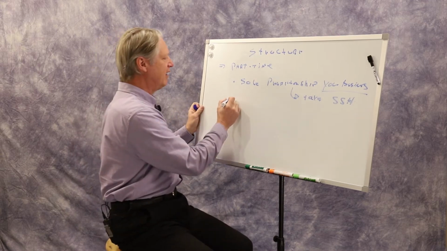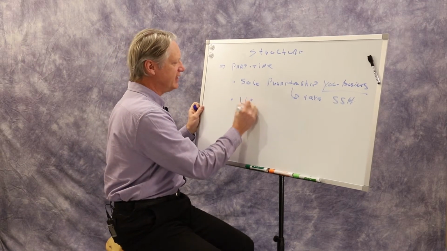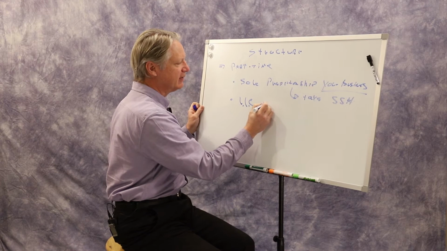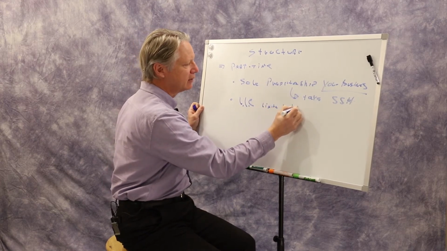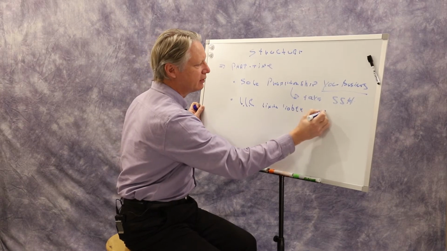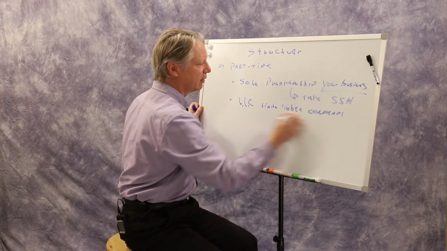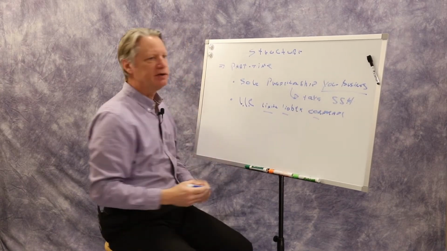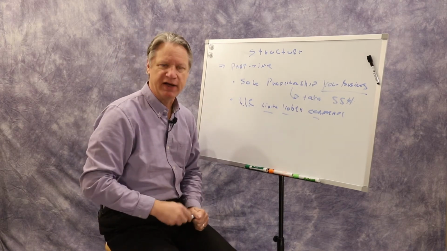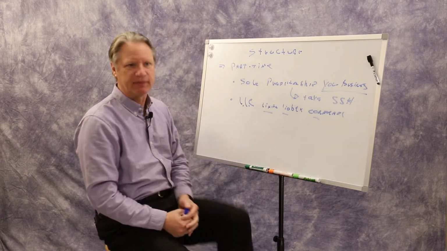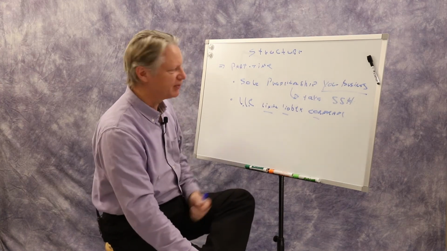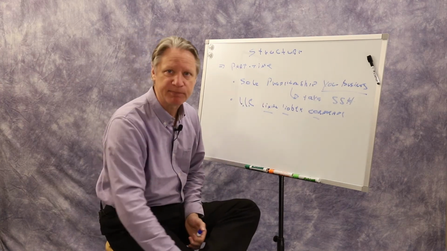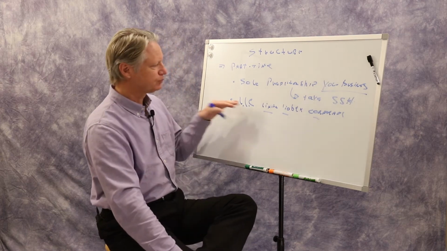Okay, then you have another thing, which is an LLC, which is a limited liability corporation. Okay, LLC. And you see a lot of these out now. They're very popular in the last, I'm going to say 15, 20 years. There were LLCs before, but they weren't as popular. Now they seem to be really popular to set up.